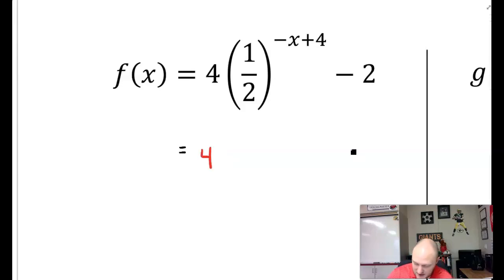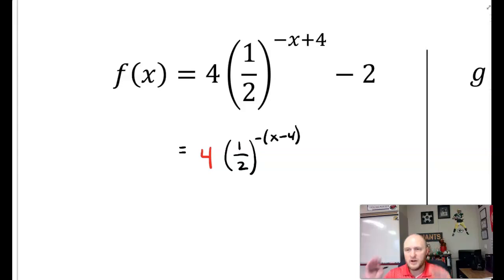And this base, I want to rewrite this with a negative exponent. I need to factor this out. Now, I want to have parentheses around my x minus h value. So if you don't see parentheses, you have to factor out that negative coefficient. So I have that there, okay? And then we have our k value back here.